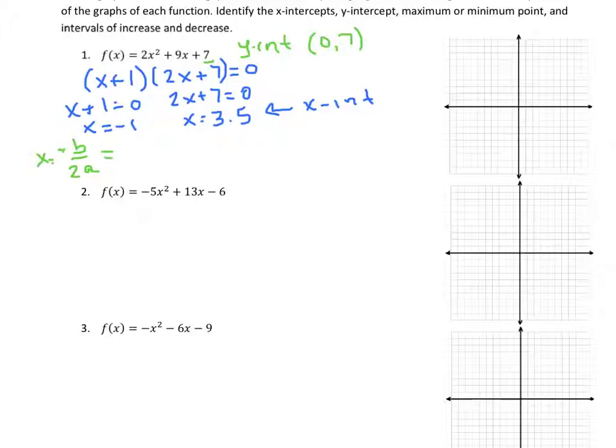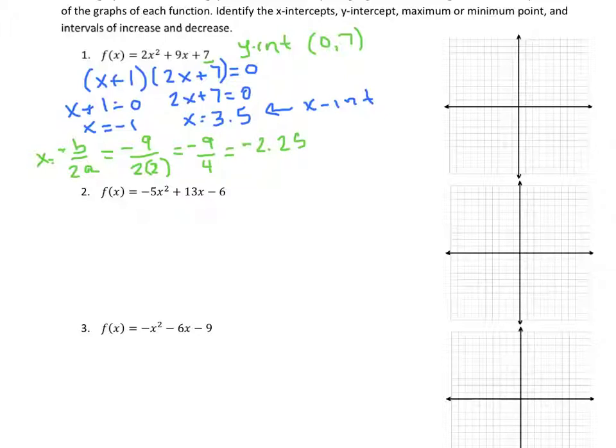So if I plug the values in from my function equation here, it'll be negative 9 over 2 times 2, which gives me negative 9 over 4, which, if I turn that to a decimal, is negative 2.25. So that's the x-coordinate for my minimum.